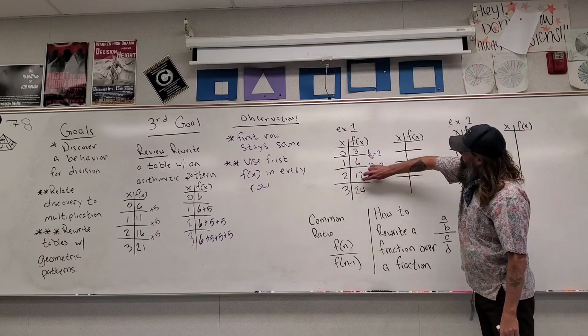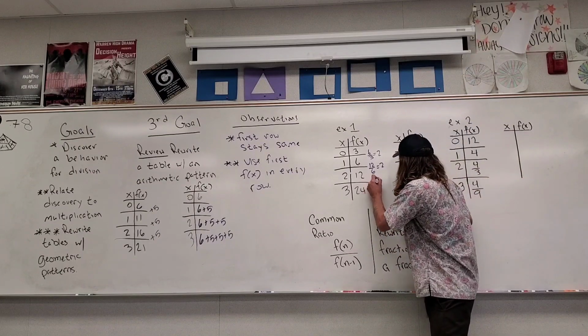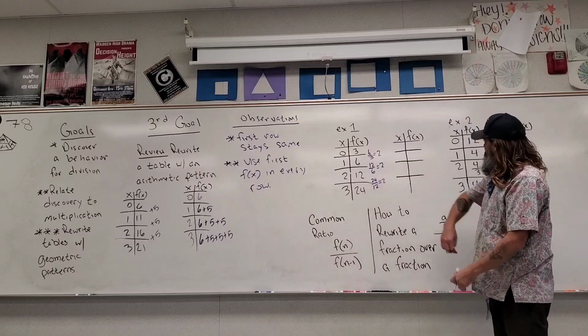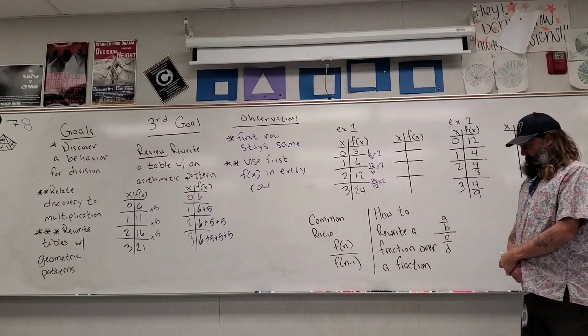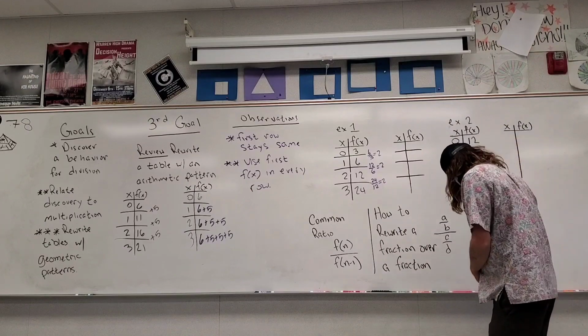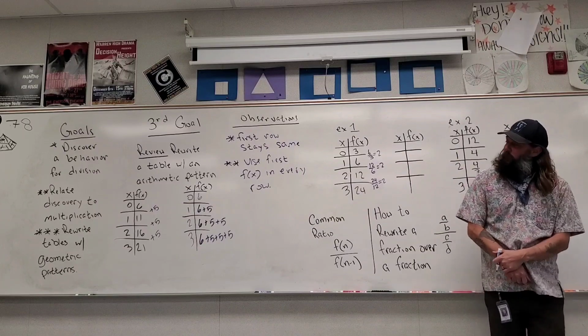And to go from row 2 to row 3, it'll be 24 over 12, which again reduces to 2. So we have a common ratio, so we have a geometric sequence, or a geometric pattern, I'm sorry. It's not a sequence because we don't have a first term, we start with a 0 term.